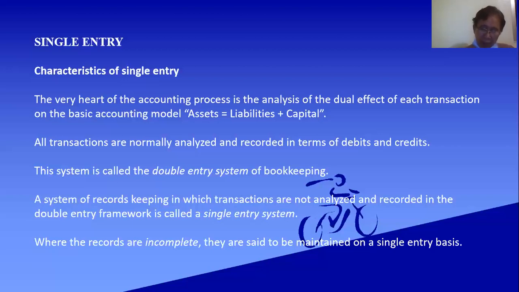So the prepaid insurance is 72,000 times 6/12. So from July to December, the prepaid portion and the expired portion are the same. So the prepaid portion is 36,000.